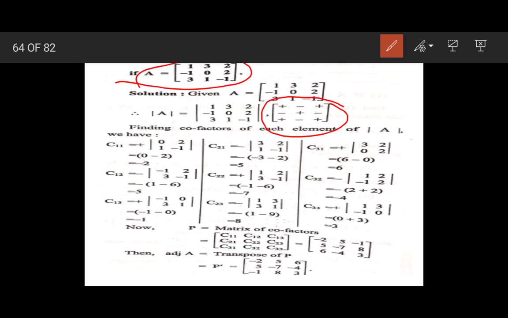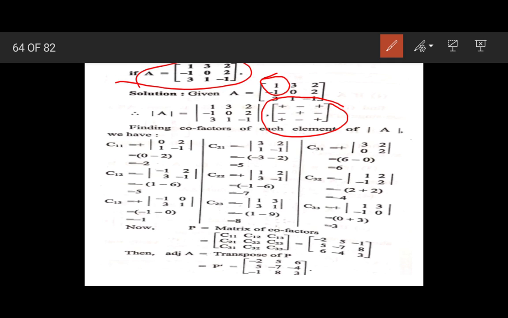So for cofactors, what we have to do? We have to first take the sign and then delete the position of that number, finding the determinant of the remaining numbers. So for C11, that means cofactor of the first element, cofactor of 1, take the sign, which is plus, then delete the position of 1.